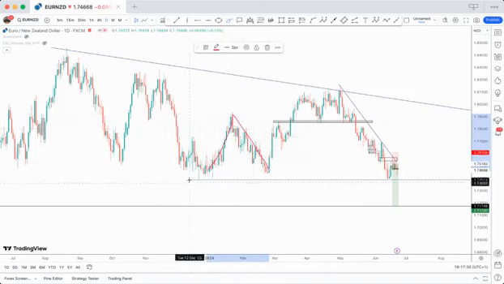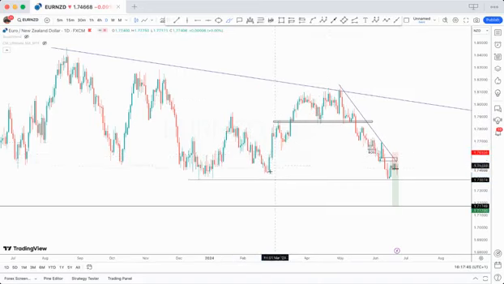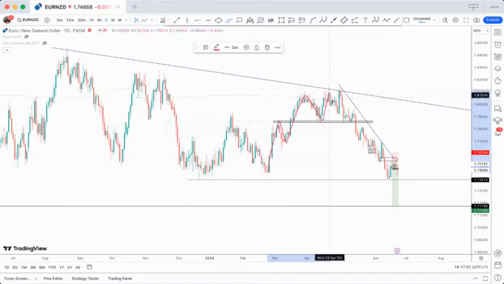You can see that it didn't actually break through the support level. So we had our impulse, we have our correction, we have our impulse. During this impulse, we have the smaller ones: impulse, correction, impulse, correction, impulse, correction, and impulse.